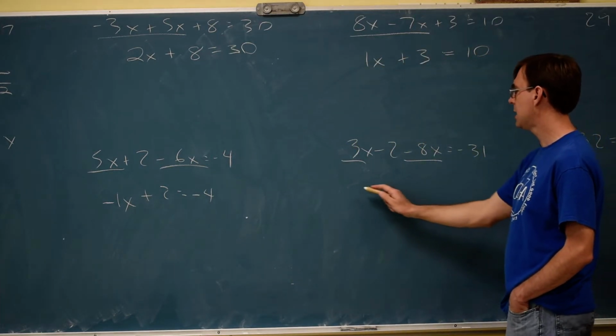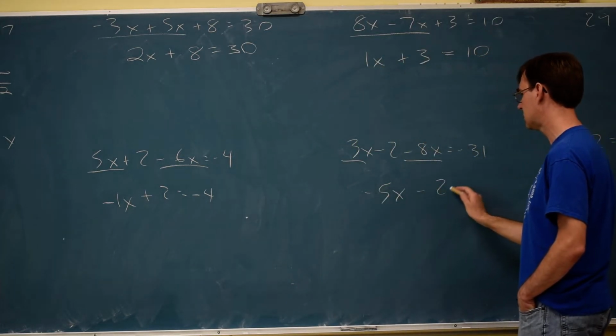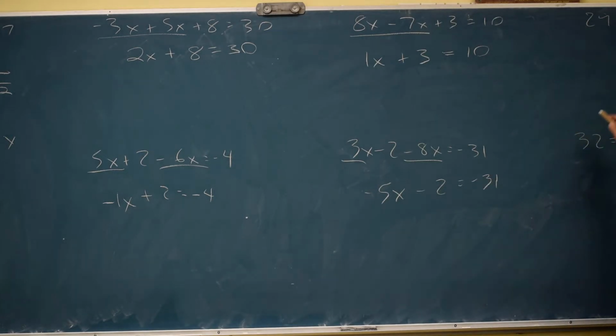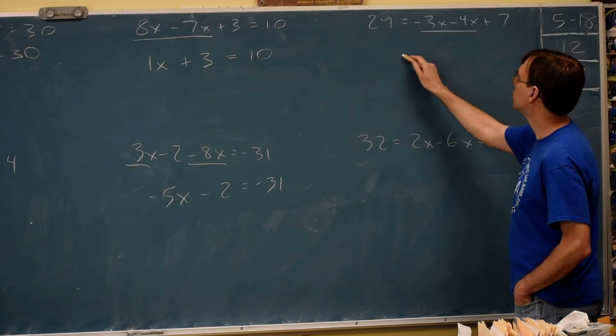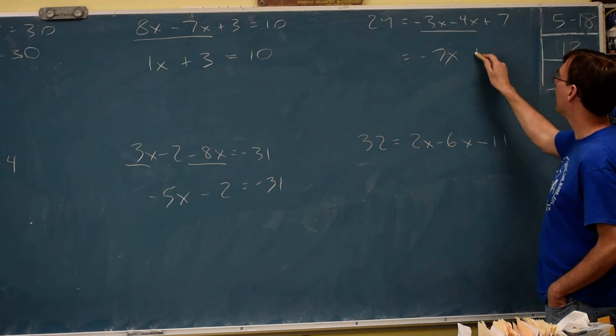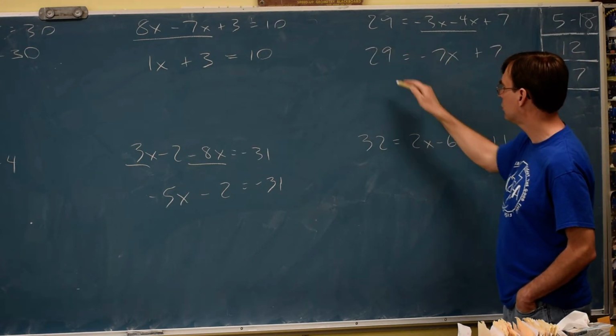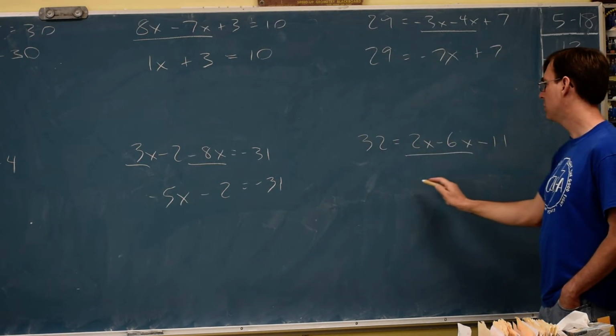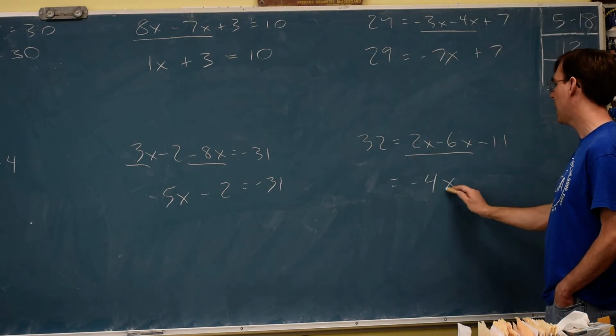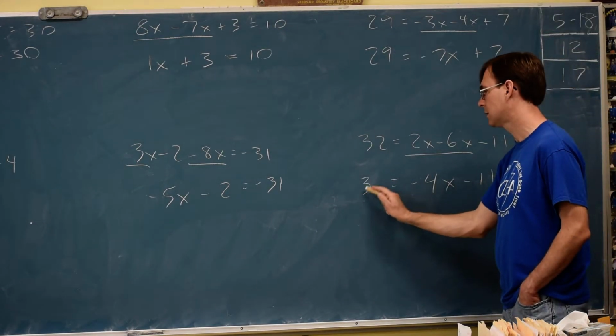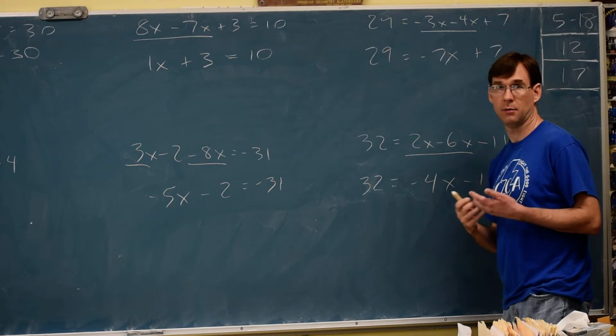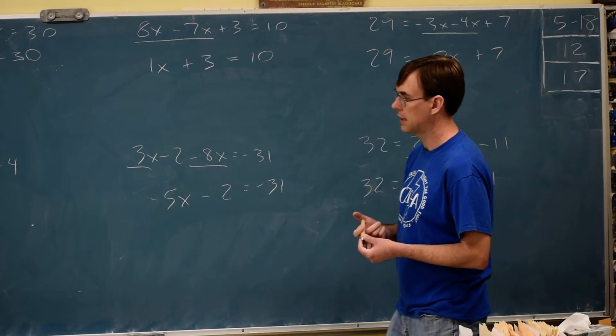Here, these are like, that's negative 5x. And I copy the rest. Those are like, to be negative 7x, and I copy everything else. Those are like, that's negative 4x, and I copy the rest. That's the first move, is combine like terms, copy all the rest.